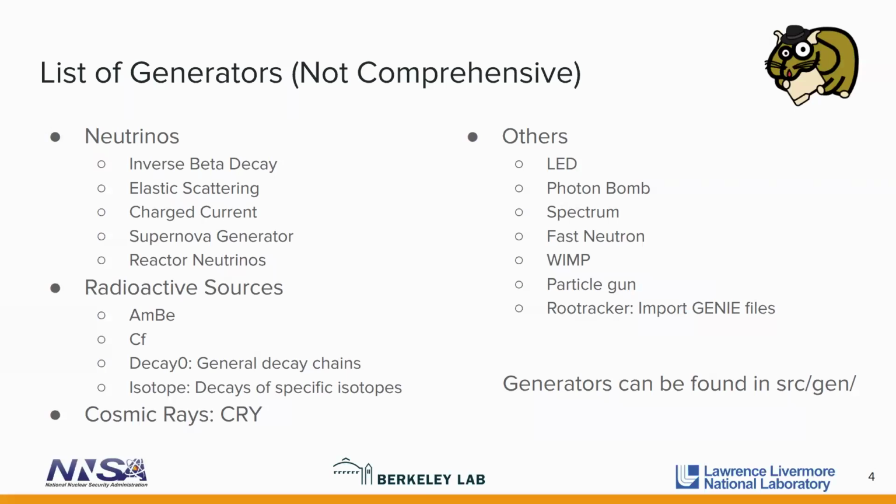And there's also a cosmic ray generator, and plenty of others as well, like an LED calibration source for just generating photons in your detector, for generating neutrons or whatever random particle you want to have in your detector. There are other things too, like importing Genie files or already produced ratpac files. And all of these are in the source code under Gen.